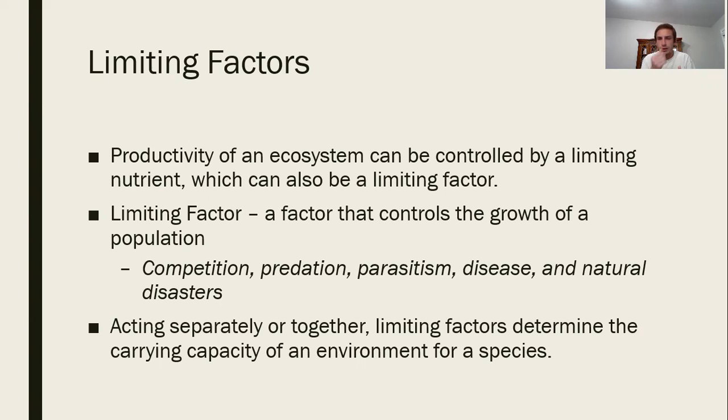Competition, predation, parasitism, disease, natural disasters. You throw stress in there as well. All of these can act separately or independently, but they can also compound and affect a population. But all of these are going to work together to determine that carrying capacity of an environment for a species.